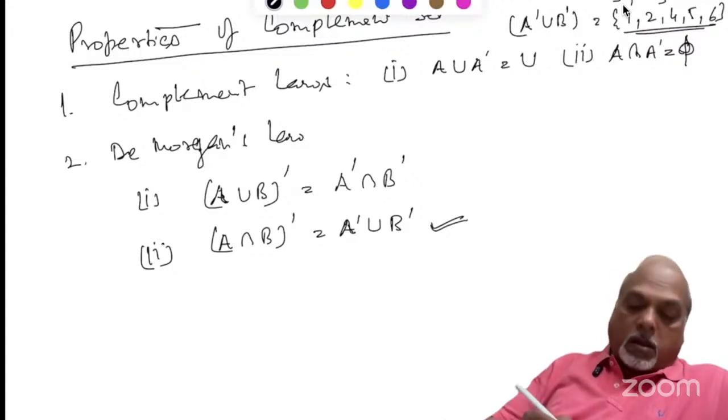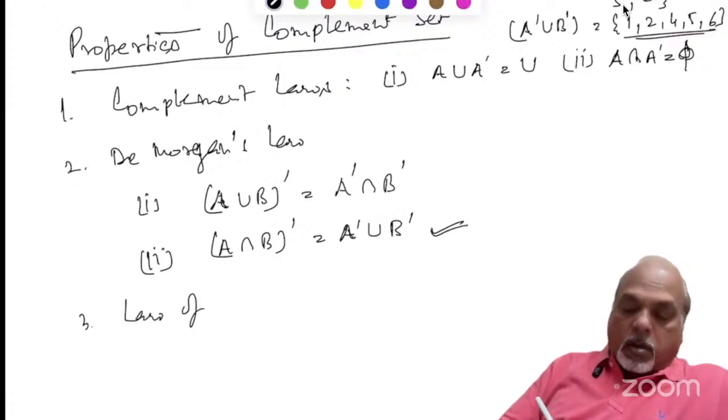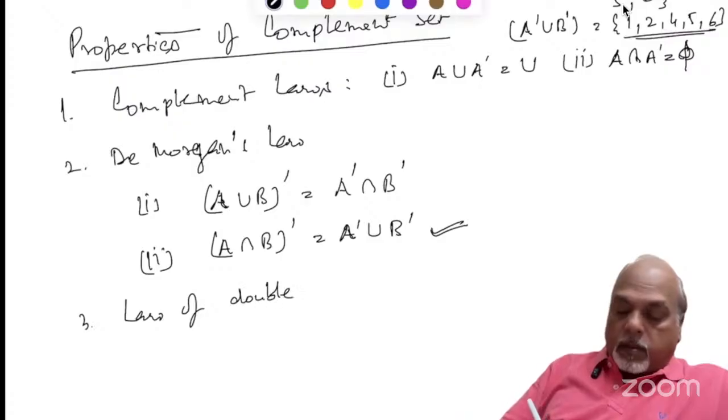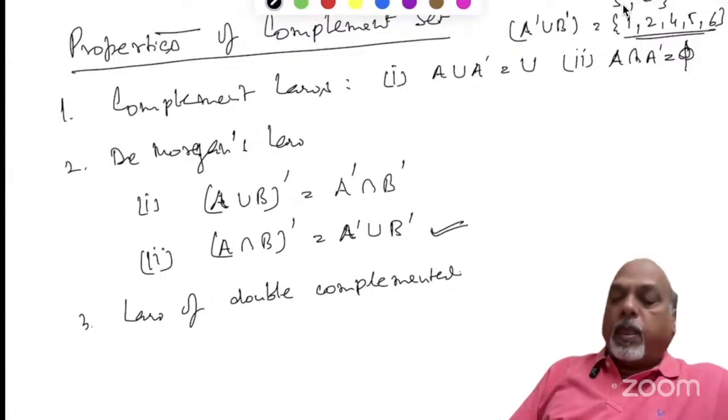Then we have the law of double complement. That is, the complement of A dash is A. It is quite natural.